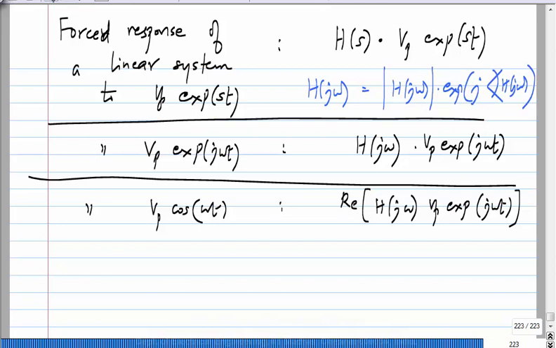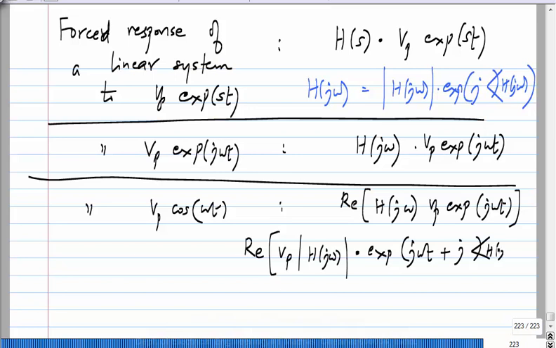So what we will have here is the real part of Vp times the magnitude of h of j omega, that is a real number, and exponential j omega t plus j angle of h of j omega. And that is simply Vp magnitude of h of j omega, and the real part of this is nothing but cos with the same argument, right.